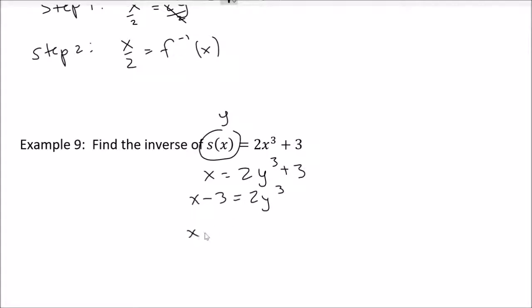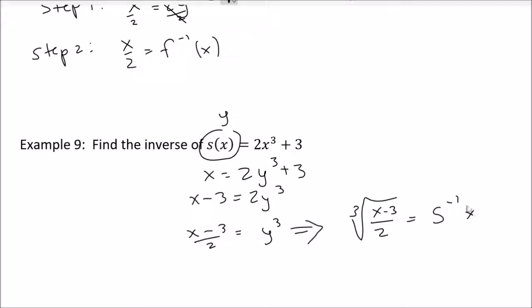I can divide by 2 on both sides. And then I can take a cube root on both sides. And in this one, it's not f of x or f inverse of x. The initial function was s, so this will be s inverse of x.